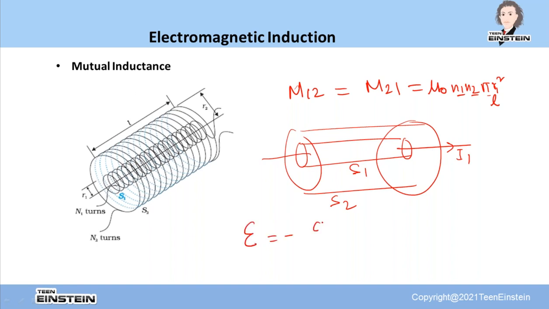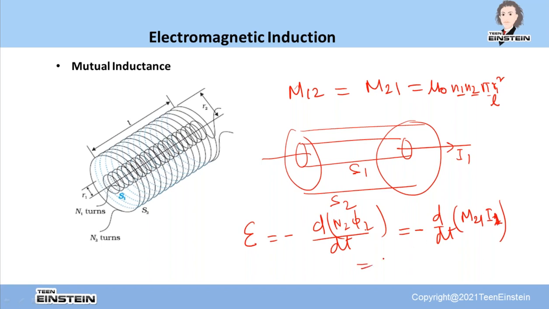Then you can write directly d(N2 phi 2)/dt, which is equal to d/dt of M21 I1.